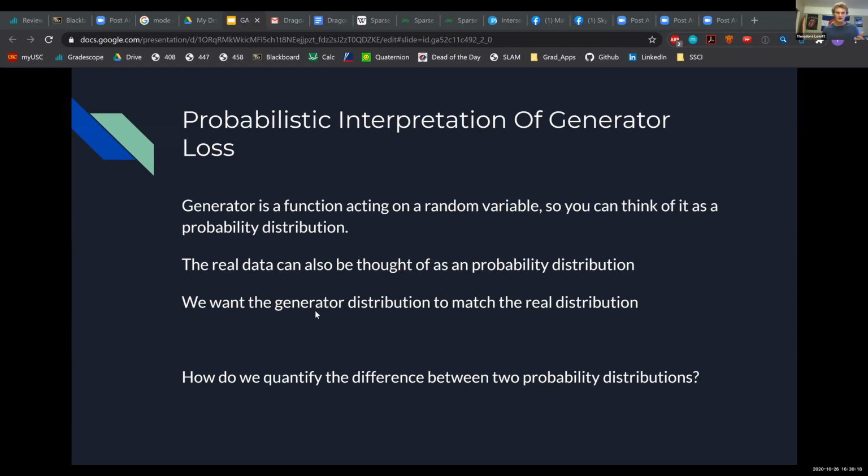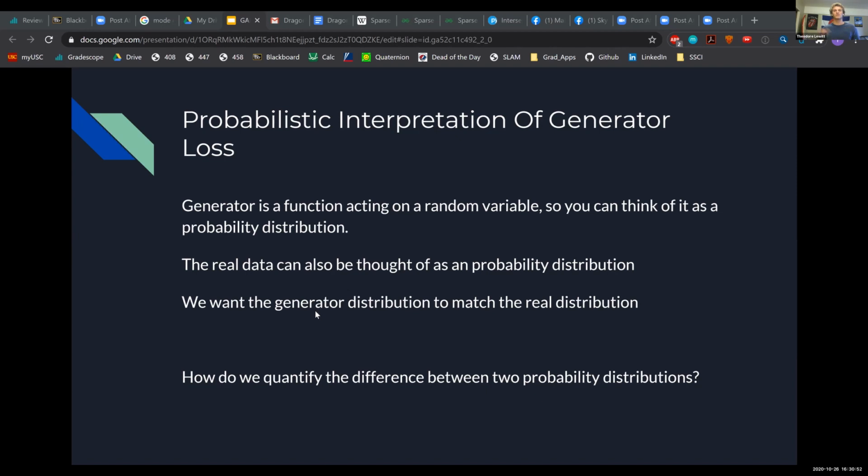The generator is a function that takes in a random variable. If you remember back on the slide, it takes in z, which could be a uniform random variable or a normal random variable, but it's some random variable. You're not sure exactly what it is. What it outputs is also going to be random, because it takes in something random and does something deterministic within the generator, like a function of a random number.